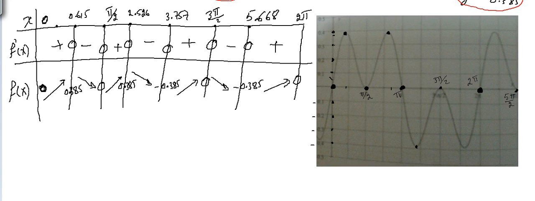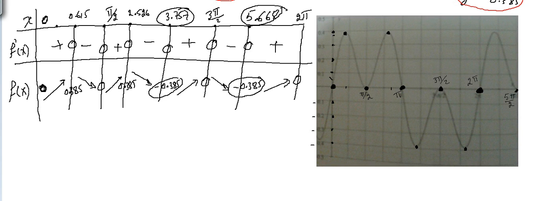And you already know that. This point is 3.575 and its ordinate is minus 0.385. This point for sure is 3 pi over 2. And this point is 2 pi. And this point is very important. It's 5.668 abscissa and ordinate minus 0.385.